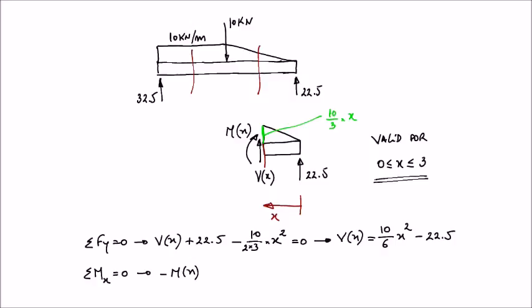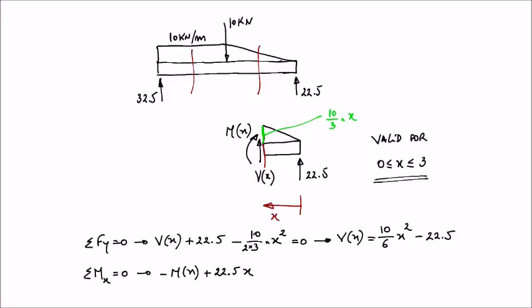The transverse shear force V doesn't produce any moment about that point. It passes through that point. We have the moment produced by the reaction at point B, so that moment will be anti-clockwise, so positive. The length is x, and the load is 22.5, so that moment is going to be 22.5 times the length, which is x.